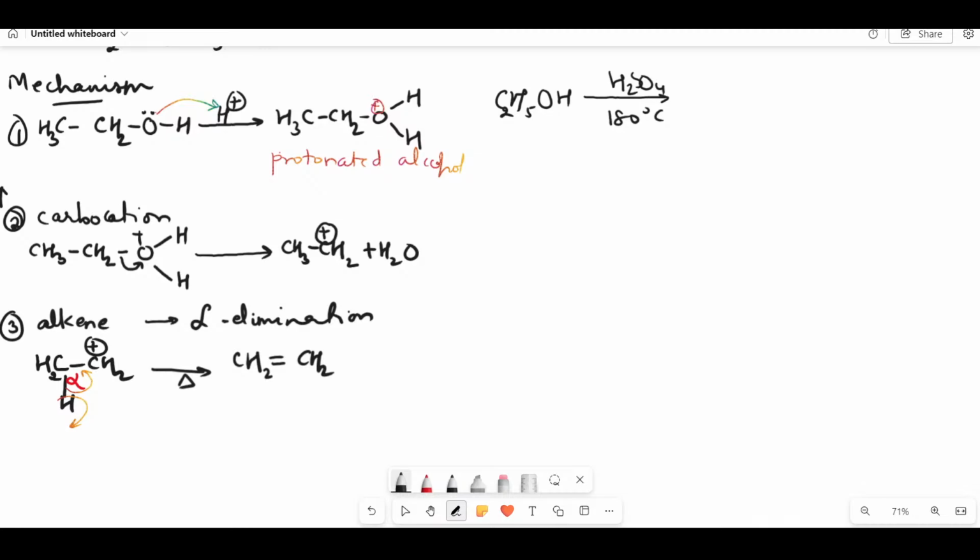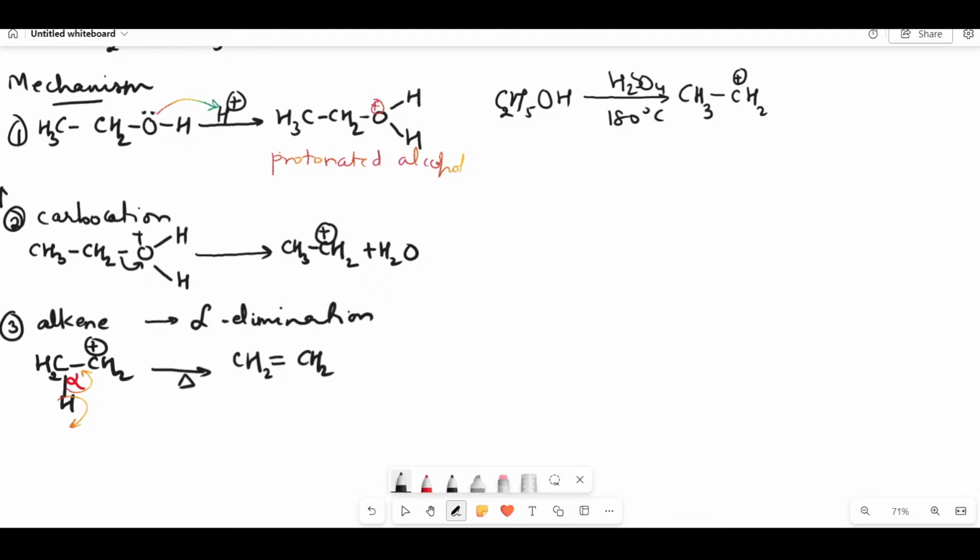First we will get the formation of this kind of carbocation. All this will happen, the same thing will happen over here also. And next we will get the formation of the carbocation CH3 CH2.